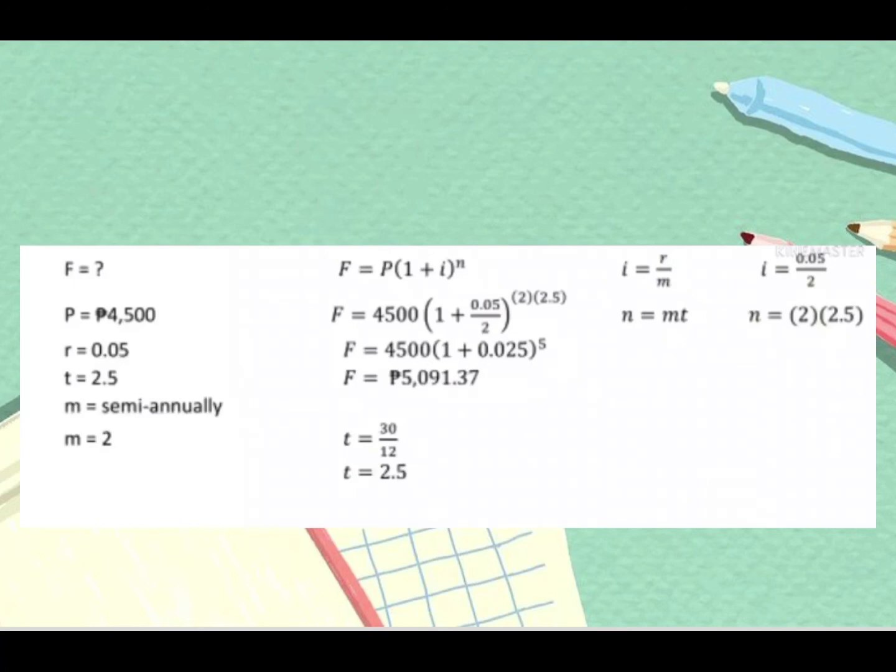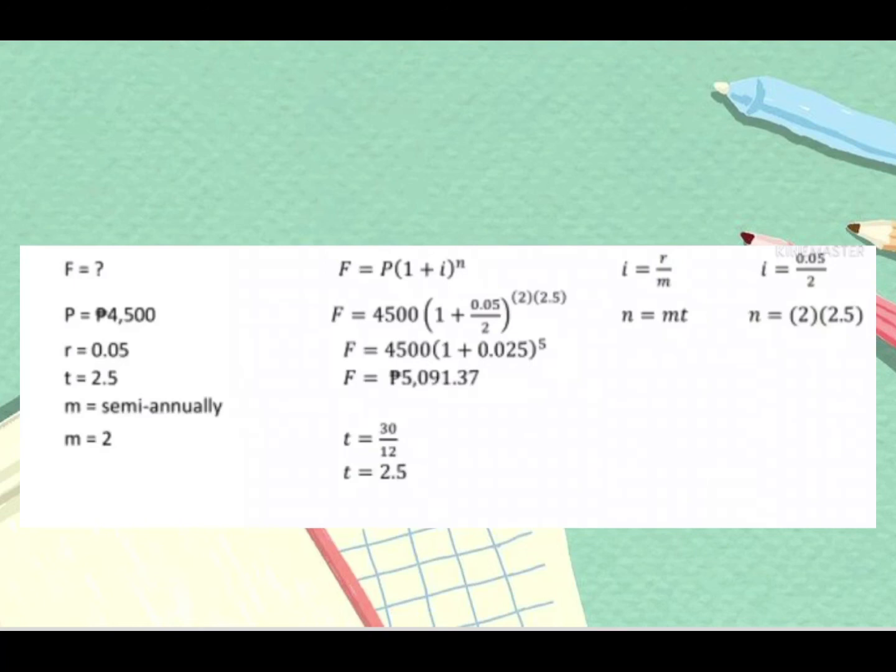Now let's move on to our solution. Our formula is F equals P times 1 plus i raised to n. We can substitute P as 4,500, and in order to get the value of i, we need to divide r by m, which is 0.05 divided by 2. To find out the value of n, we need to multiply the value of m and t, resulting in 2 times 2.5. After that, we need to simplify them.